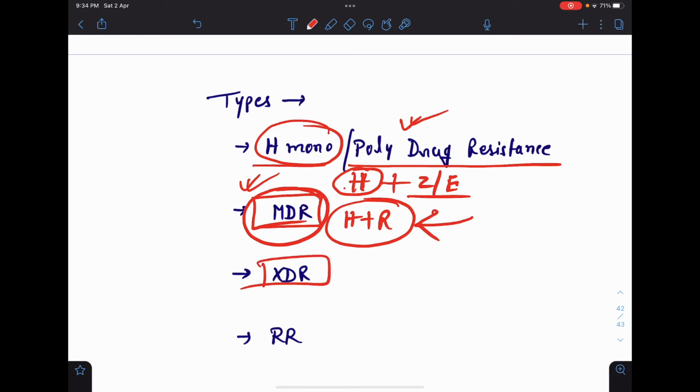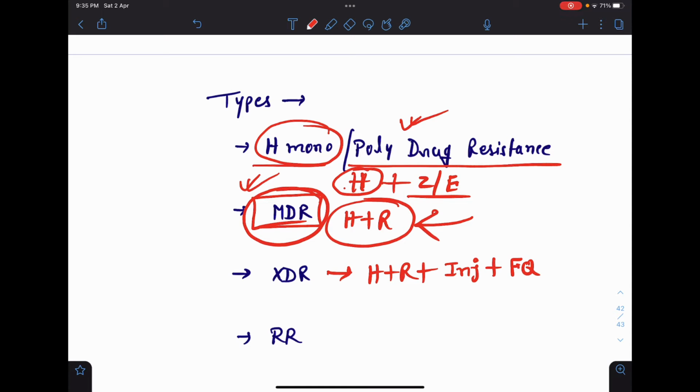There is something known as XDR. XDR means extensive drug resistant tuberculosis. Extensive drug resistant tuberculosis means the particular strain is resistant to isoniazid plus rifampicin plus any one of the second line injectables we have talked about, plus any one of the fluoroquinolones.